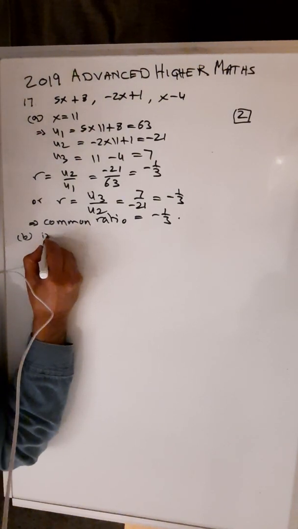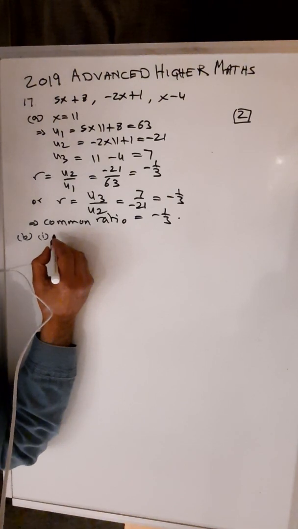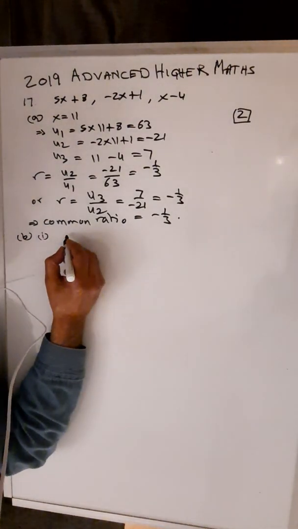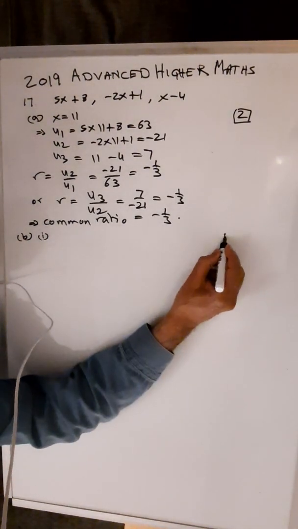For part B, given that the entire sequence is geometric for x equals 11, part B1: state why the associated series has a sum to infinity. This first part is for 1 mark.